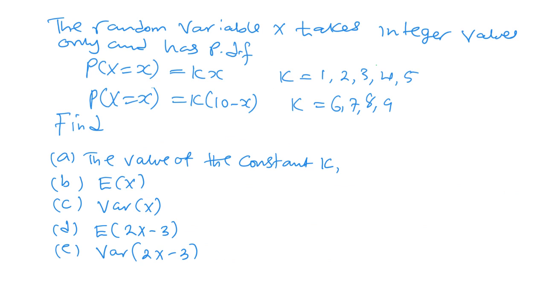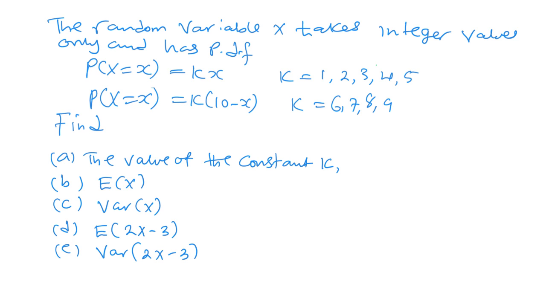The random variable x takes integer values only, and it has a PDF. They are giving us the PDF. They want us to find the value of the constant, the expectation, the variance, the expectation of 2x minus 3, and the variance of 2x minus 3. So let's get the value of the constant.